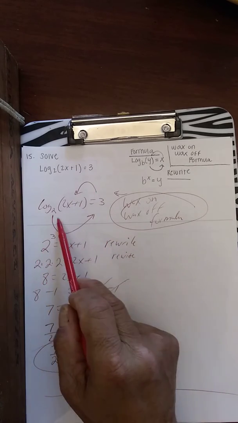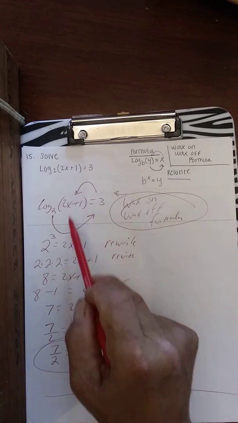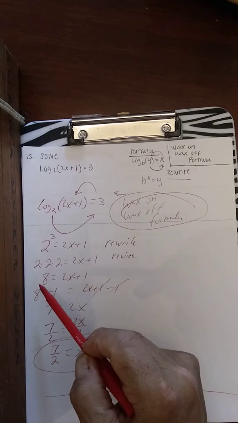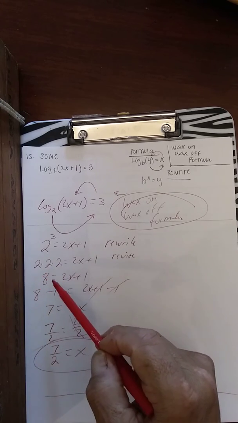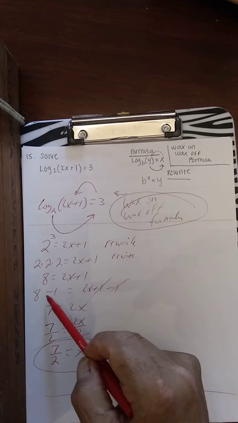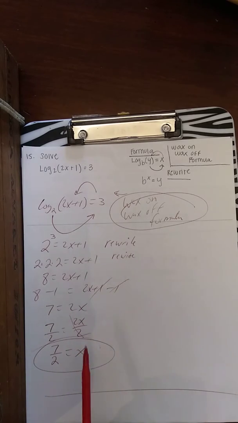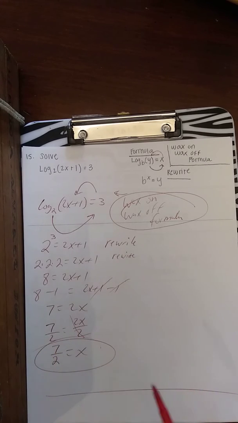So 2 times 2 times 2 is 8. 8 equals 2x plus 1, minus 1, minus 1, so now 7 equals 2x. Now we divide both sides by 2. The 2's cancel, so we have 7 over 2 equals x.